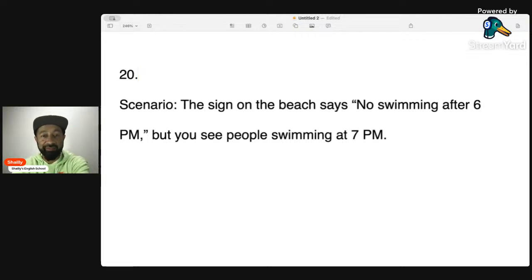Number 20 says, the sign on the beach says no swimming after 6 p.m. But you see people swimming. It's now 7 p.m. So what will your answer be for this? This is your homework. Please leave it in the comment section, and I will check it.